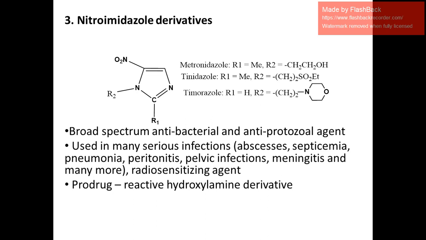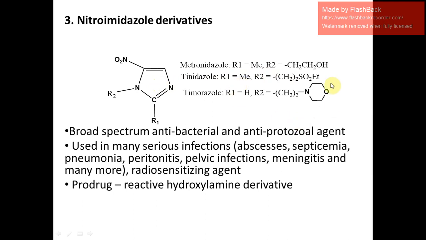Then metronidazole, all these drugs are actually prodrugs. The structure which you see here is an imidazole derivative. So this is an imidazole ring wherein R1 and R2 are various groups, and this is a nitro group which is attached. So it is called a nitroimidazole. R1 and R2 are the different groups of metronidazole, tinidazole, and timorazole.